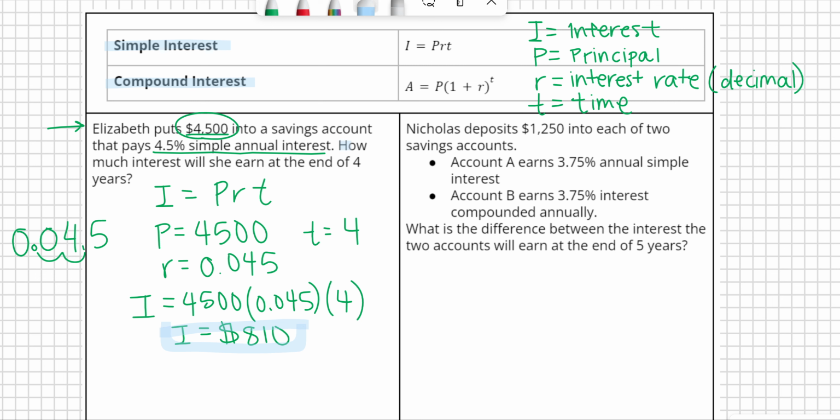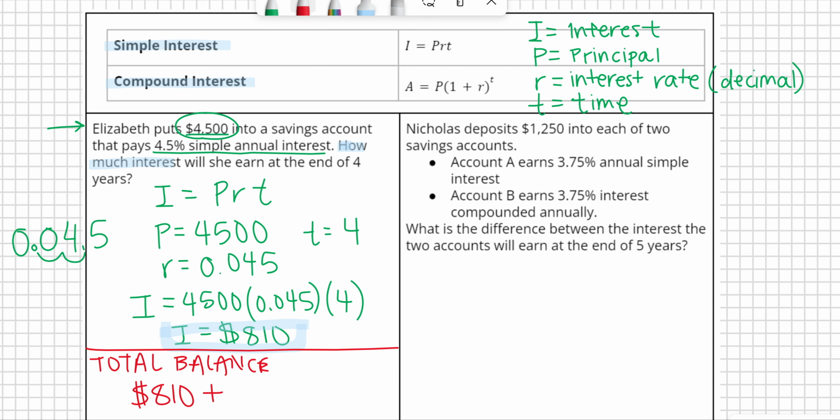This problem asked me for how much interest, and that's what we found with I. You may have a problem that instead of asking how much interest, asks for the total account balance. If you wanted to find the total balance, all you have to do is add the interest, which was $810, to the original principal.